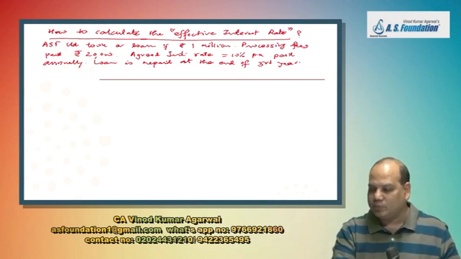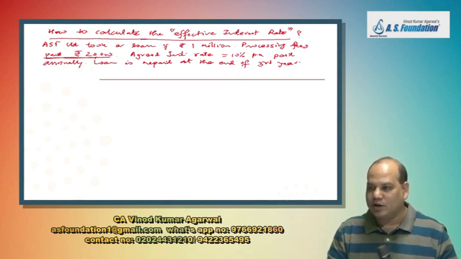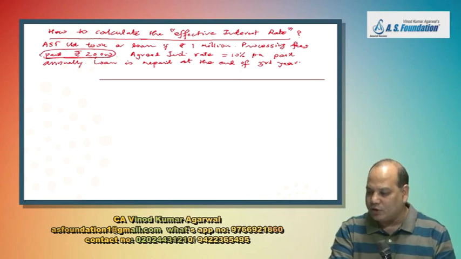Just like I have taken processing fees here, your institute can give you some more costs: legal fees, stamp duty, charges, registration of charges. All this will have the same treatment, so I have taken just one thing. They can give you 5 more items of expenses that you incur at the time of borrowing of funds. All this you put here, and this is the coupon rate.